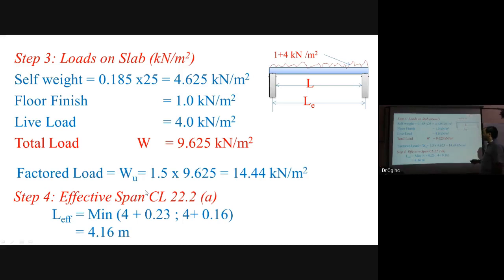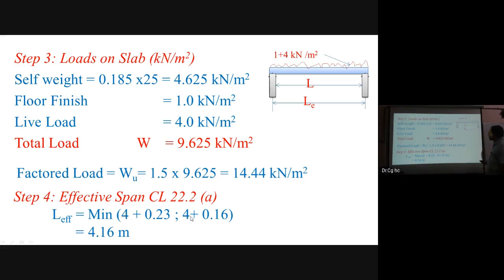Effective span is equal to whatever they have given us. A minimum of the two: they have given 10 meter for one and 4 meter for the other. Now 4 meter is the span. The 4 meter is the clear span and that is L effective. We have to calculate it in two ways. Therefore L effective is the minimum of 4 plus 0.23, where 0.23 is the thickness, which is 4.23.